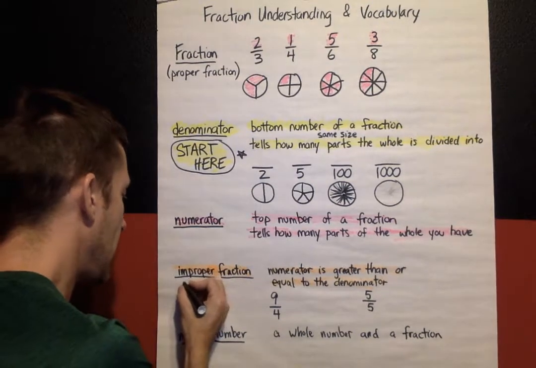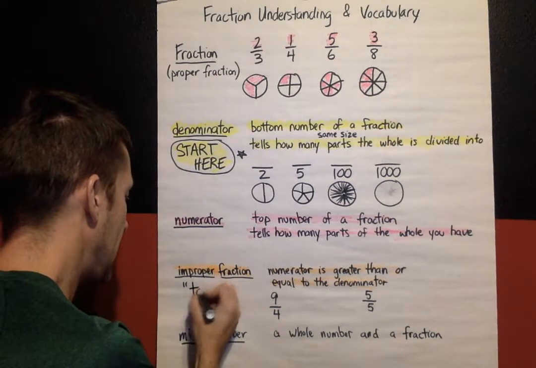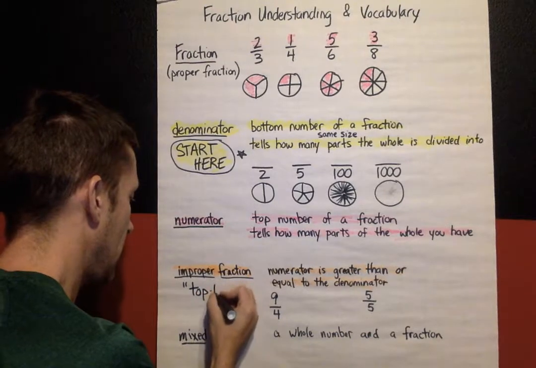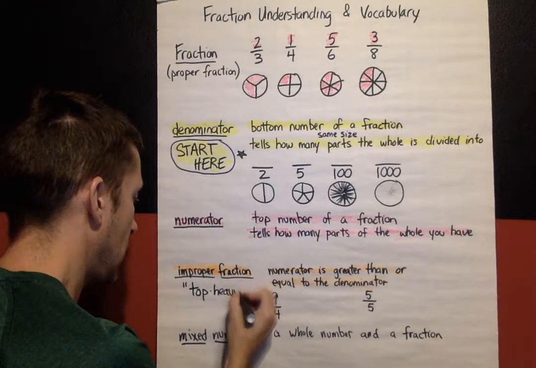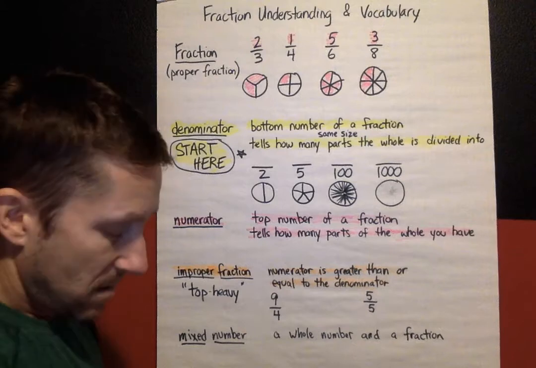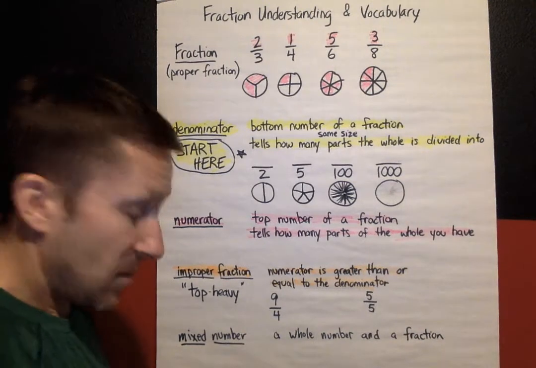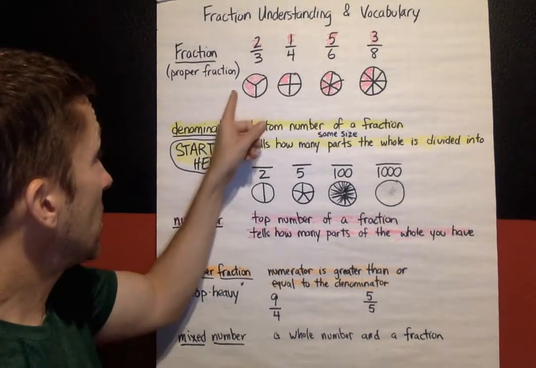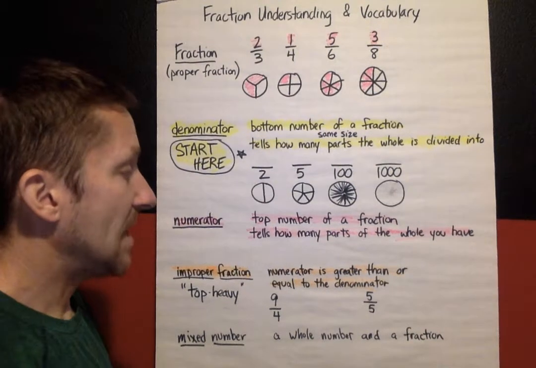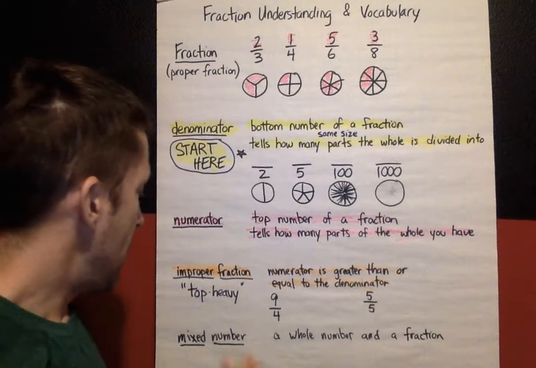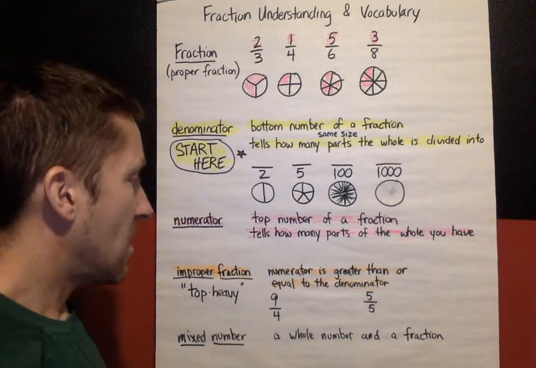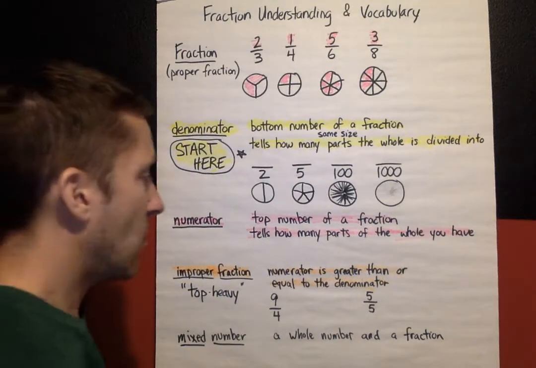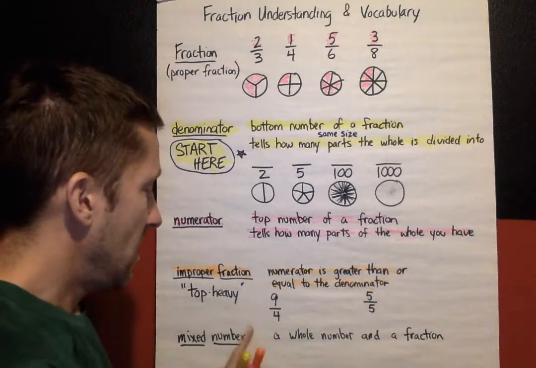Another way to think about an improper fraction is that it's top heavy. Up till now, most of the fractions you've seen in elementary were proper fractions, less than a whole. Improper fractions are greater than or equal to one whole.